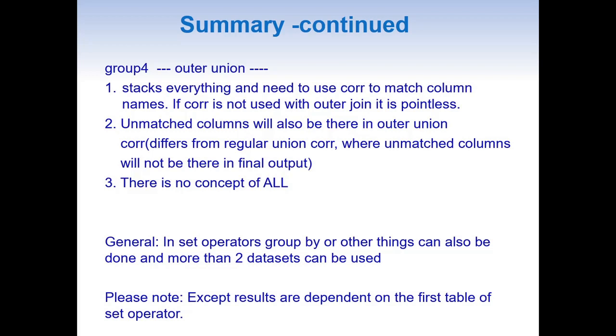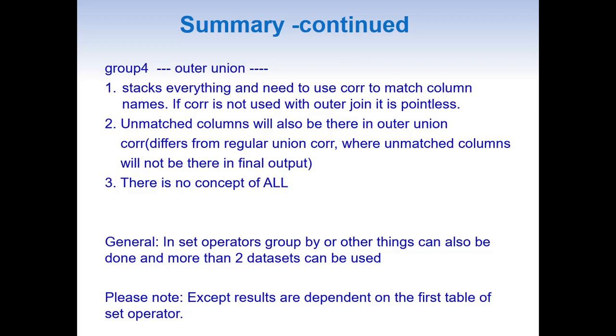There is no concept of all for outer union. I have not shown you a couple of things. I can also use union all corr. The results will be what you can expect: it is dependent on variable names and also it will not remove duplicates.